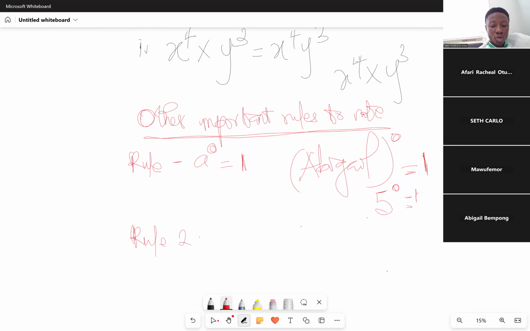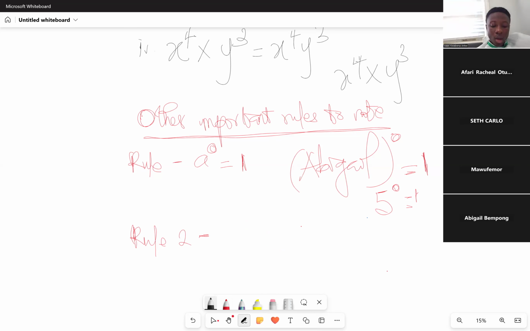So for root 2, you should have a number or term with an index, another term with an index. Let me start with this, then these will come right under.